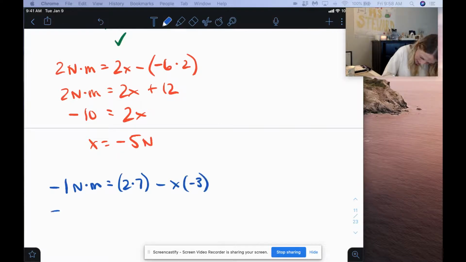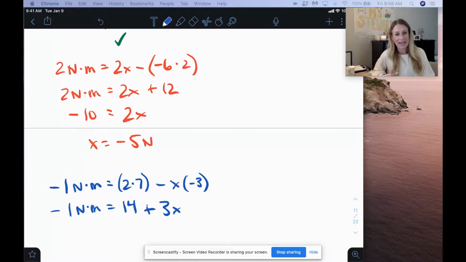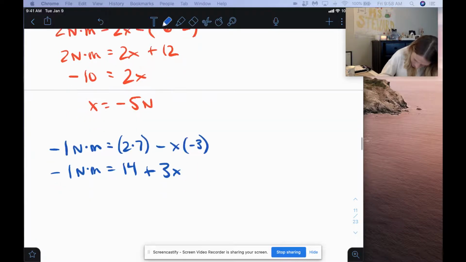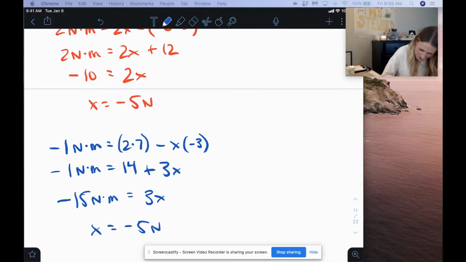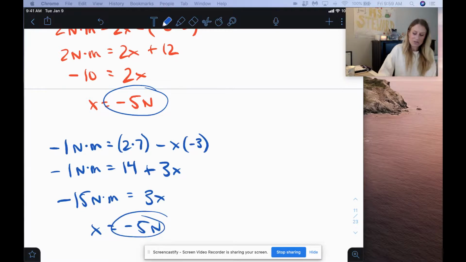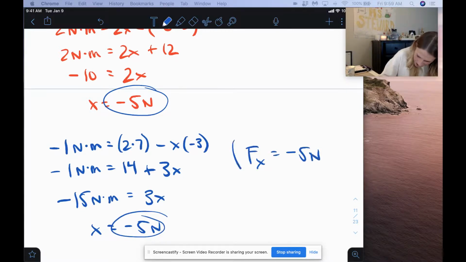So here we get negative 1 newton times meters equals 14 plus 3x, because we have minus a negative 3x, so plus 3x. I'm going to subtract 14 from both sides. So when I do that, I get a negative 15 newton times meter on this side equals 3x. Divide both sides by 3, and I get x is equal to negative 5 newtons. So these do match up. So that means that my F_x is negative 5 newtons.